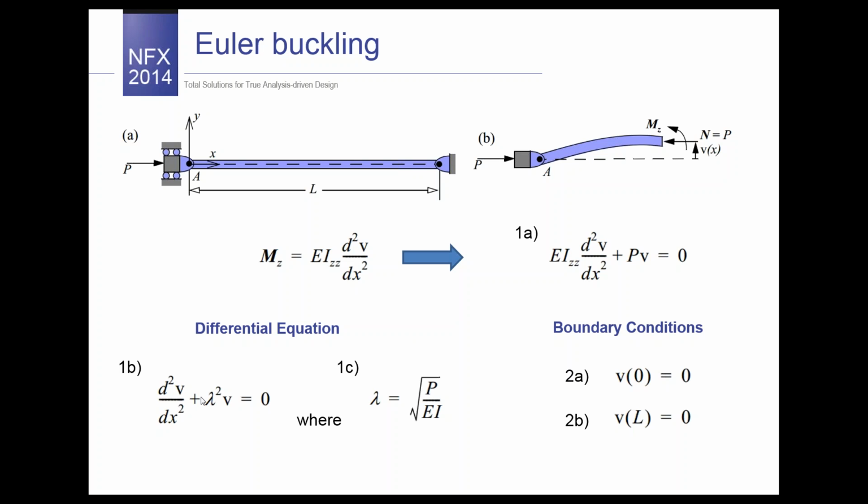And in this equation, the symbol lambda means the square root of the force divided by Young's modulus multiplied by the moment of inertia. So the bending deflection equal to 0 would satisfy the boundary value problem represented by those two equations, 2a and 2b.